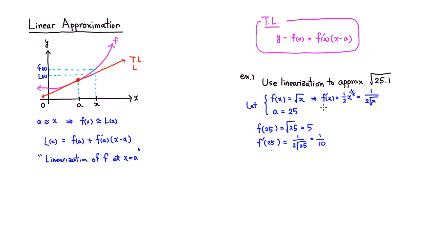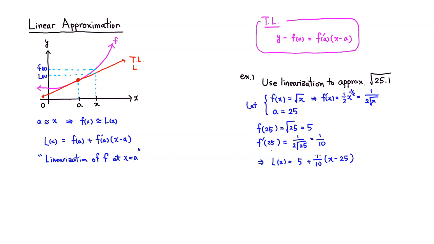So the linearization L of x, we just plug in those numbers. f of 25 is 5, plus f prime of a, which is 1 over 10, times x minus 25. This is the linearization.